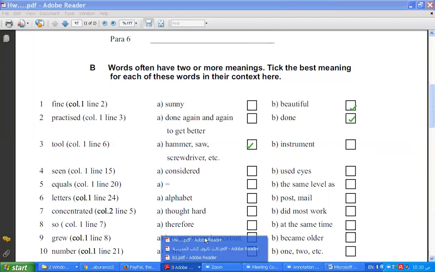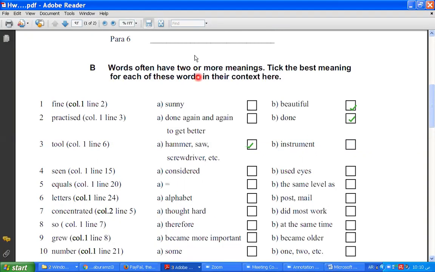I would say consider, because when they say see, they don't say "I see." I think it's the same idea. Great. Equal means the same level of something.